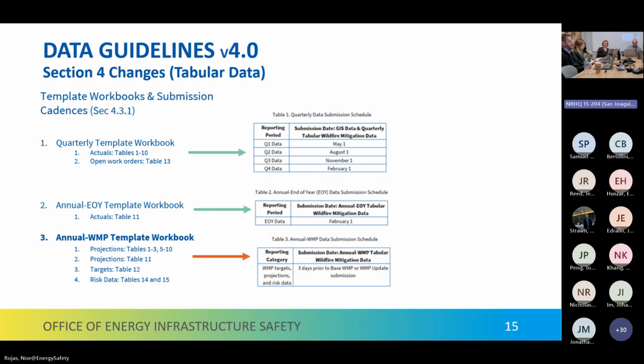And then the annual WMP template workbook is for projections, targets, and risk data as reported in a WMP submission with the reference tables. So the main thing that you'll notice is that the tables are the same. The reported data is the same. It's just teased apart for clarity and to implement some cleaner data practices.